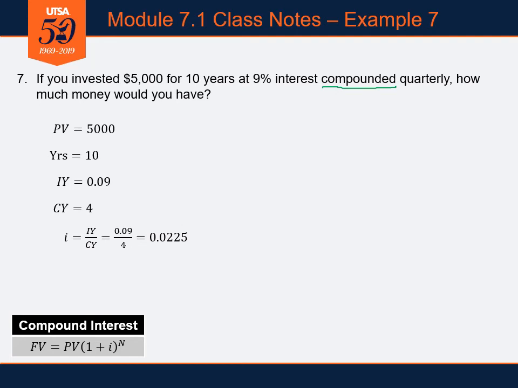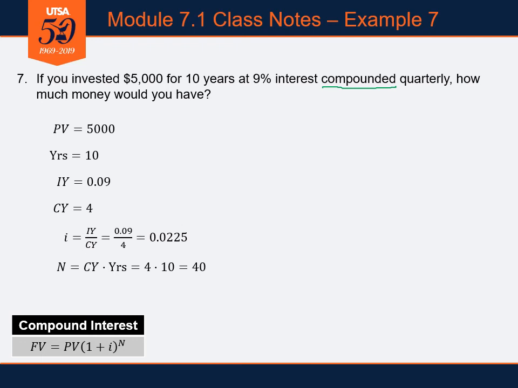And then in our formula, our capital N, our number of compoundings, if we are compounding 4 times per year for a total of 10 years, then our number of compoundings will be, as stated in the textbook, compoundings per year times the number of years, 4 times 10, that's 40 times that we're compounding interest.